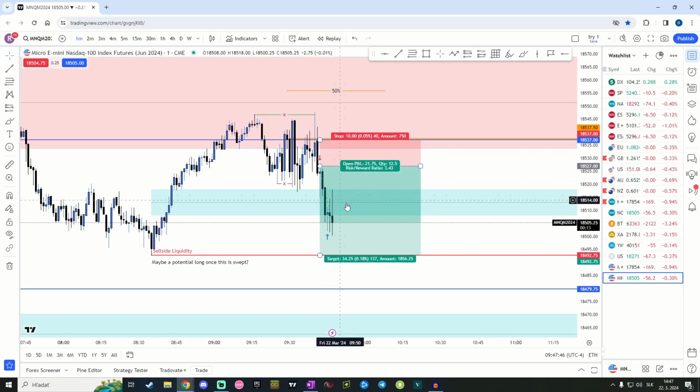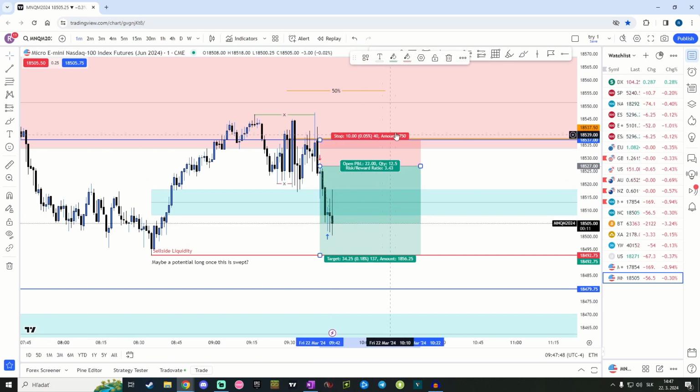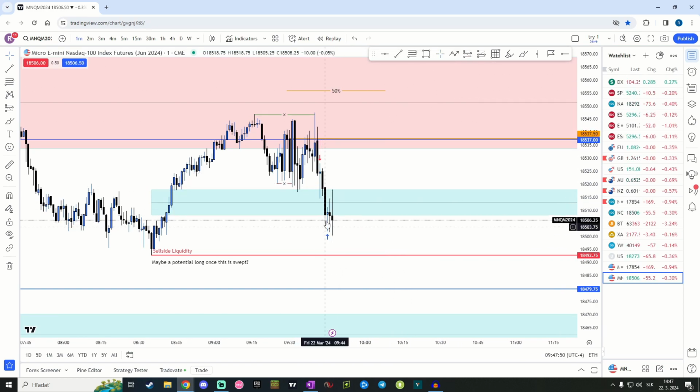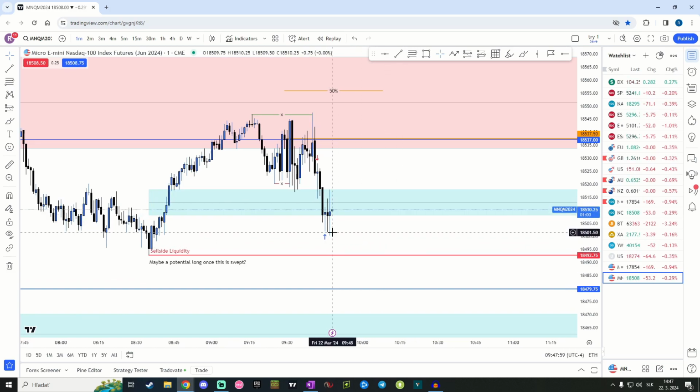It went back, repriced the 5-minute fair value gap again, maybe in terms of an inversion fair value gap, seeing how it really ended at the top of that fair value gap and went lower and made a new lower low.